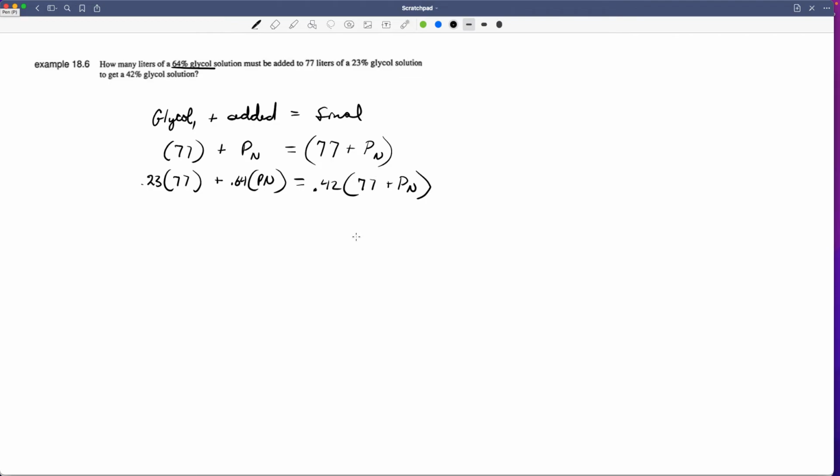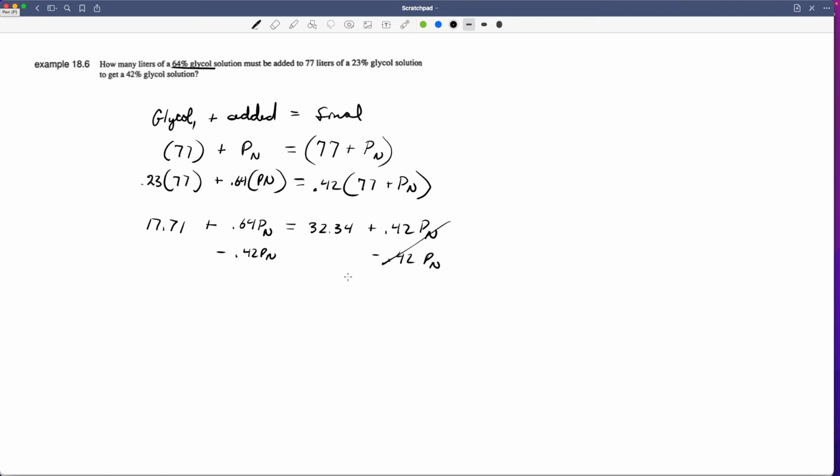So now we're just going to do the mathematics, and this is going to be 17.71 when I multiply, plus 0.64 PN equals 32.34 plus 0.42 PN. All right, so now I am going to subtract 0.42 PN from this side and from this side.